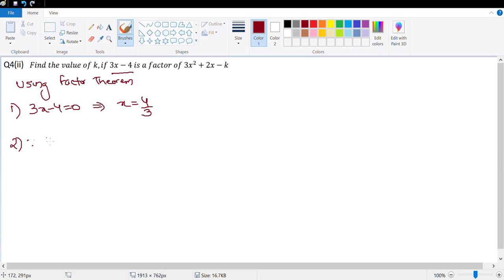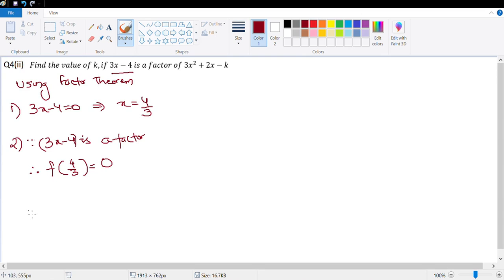Now since 3x minus 4 is a factor, therefore value of the polynomial when x is equal to 4 by 3 will be equal to 0.